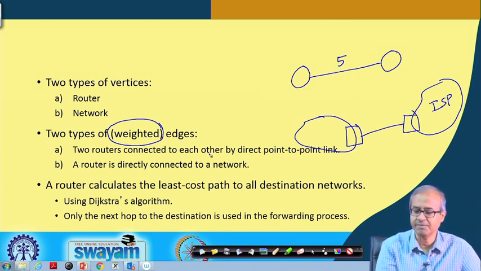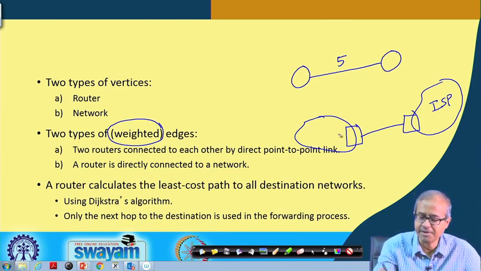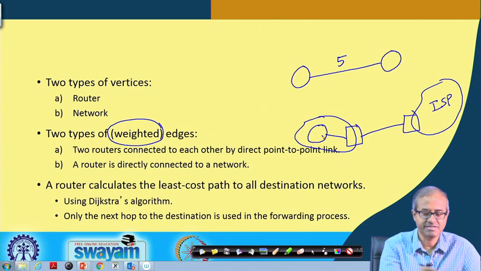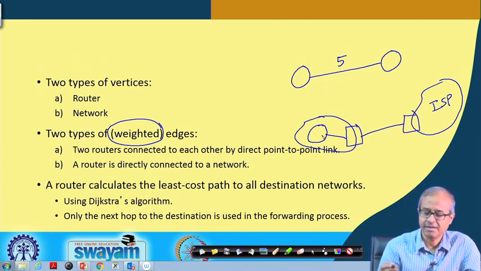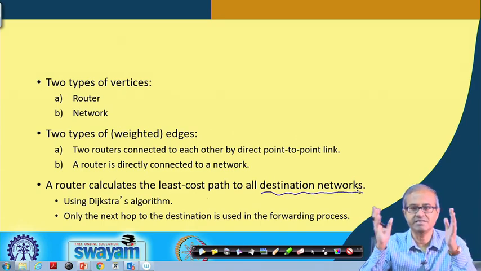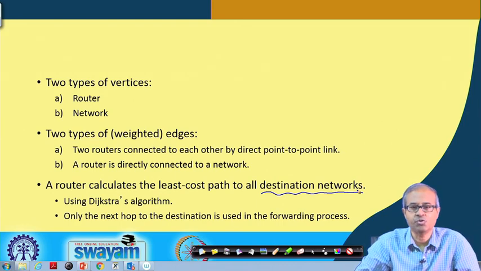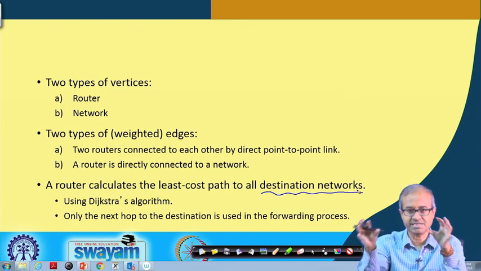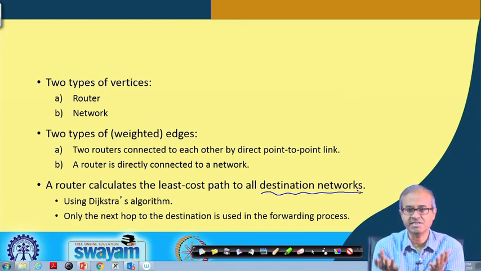The second kind of link is where the router may be connected to an internal network. Like I have a network here, and this router is connected to this network. This is the second kind of edge or link. Now, in this OSPF method, each router will try to calculate the least cost path to all destination networks that are available in its own database.